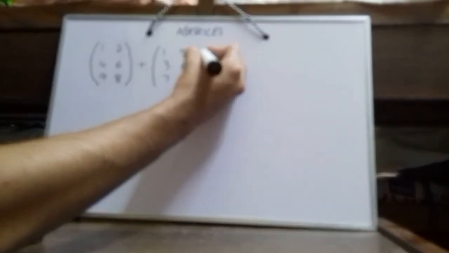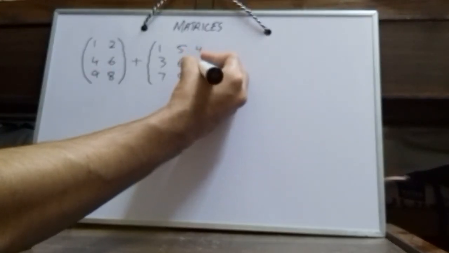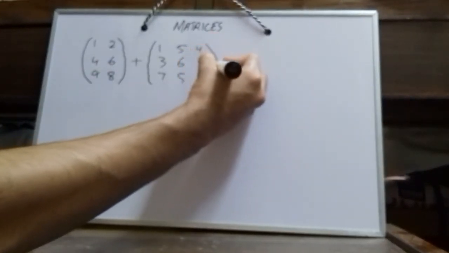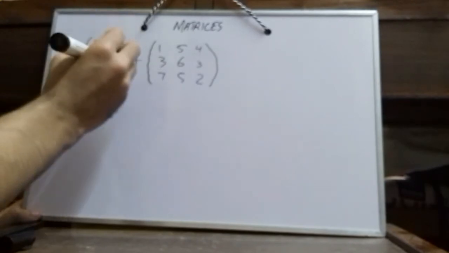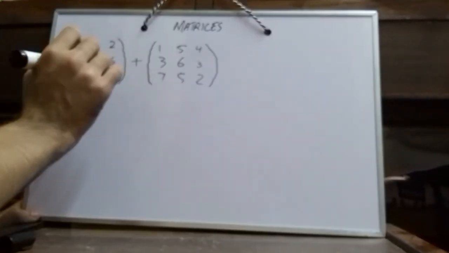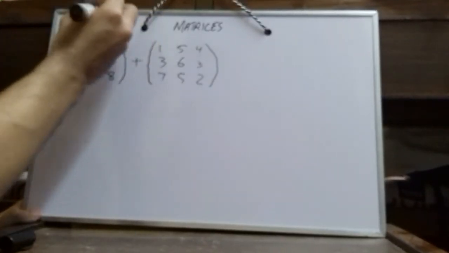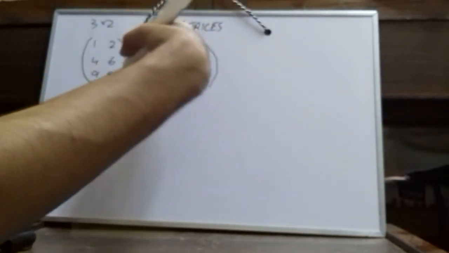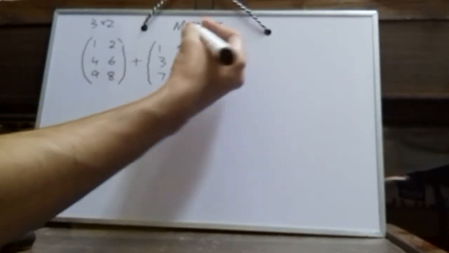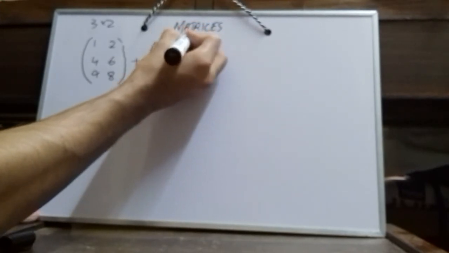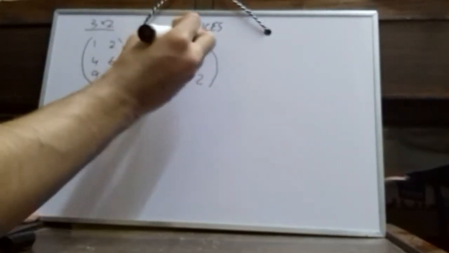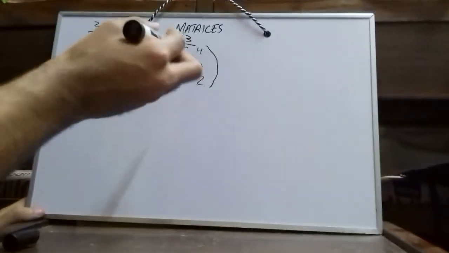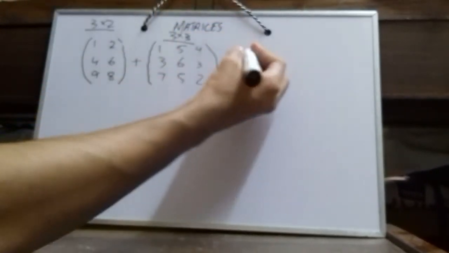Let's take elements over here, 4, 3 and 2. The order of this matrix is: number of rows are 3, number of columns are 2, so 3 into 2. The order of the other matrix is 3 by 3, 9 elements, you can see it. So the order of both of these matrices is not equal, so they cannot be added.